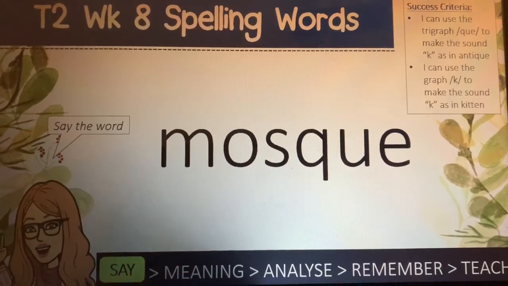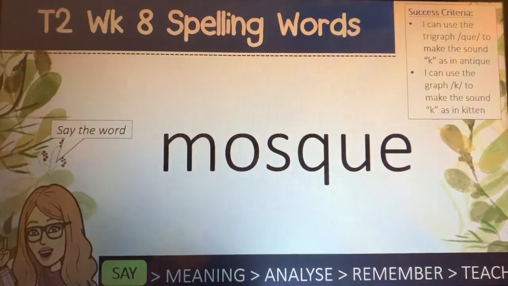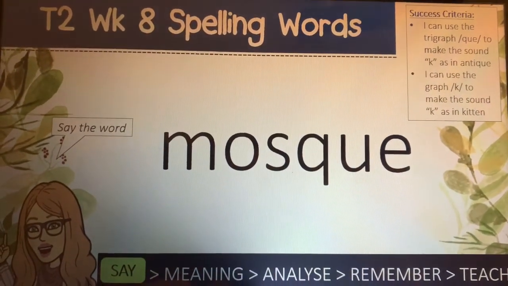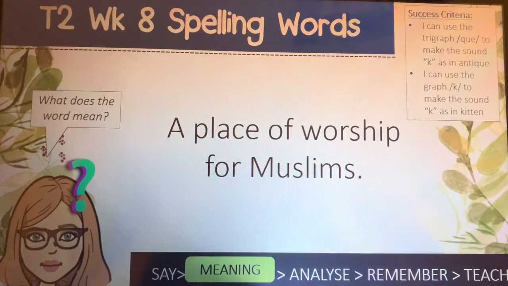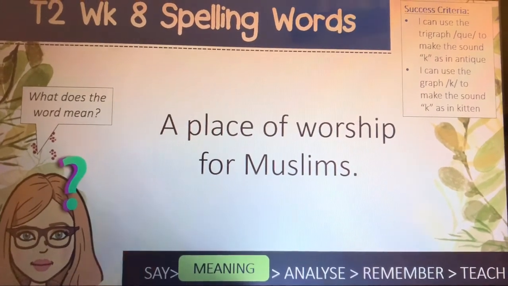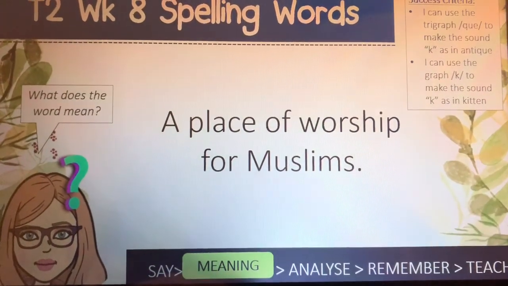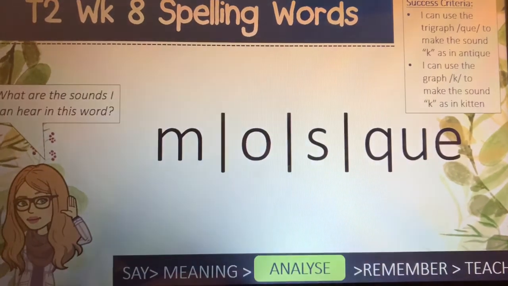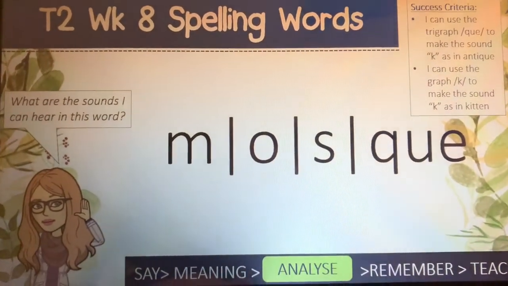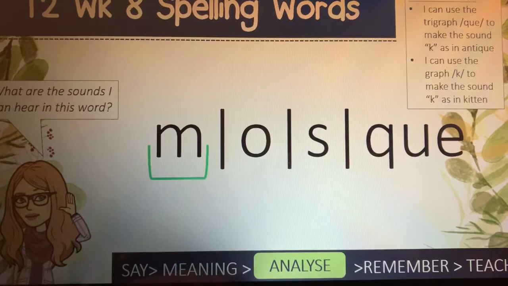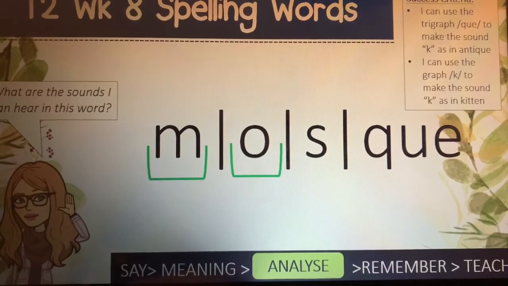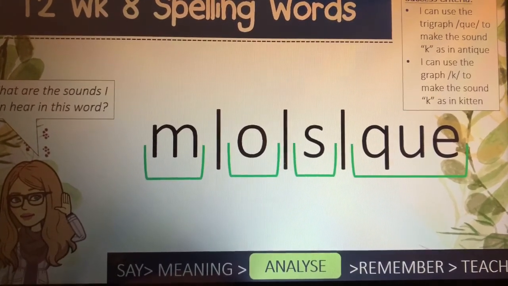The next word is mosque. Say mosque. A mosque is a place of worship for Muslims of the Islamic religion. Let's look at the sounds that we can hear in the word mosque. We can hear o, s, k.